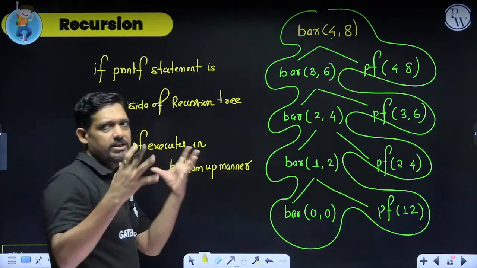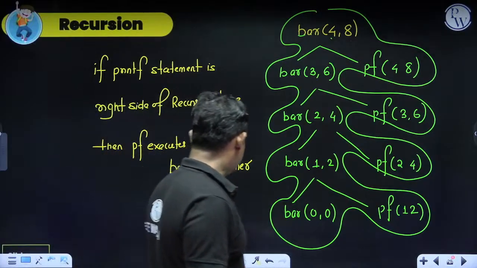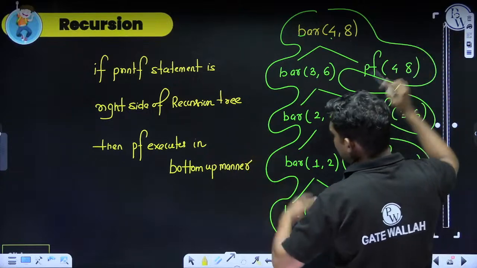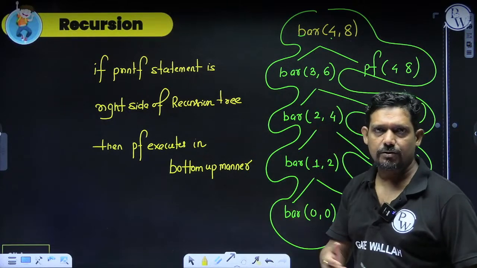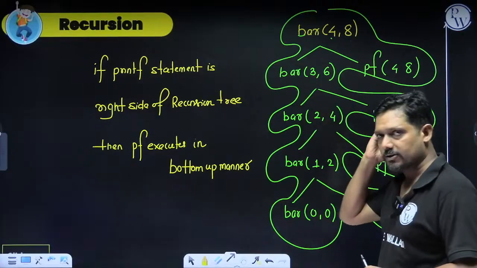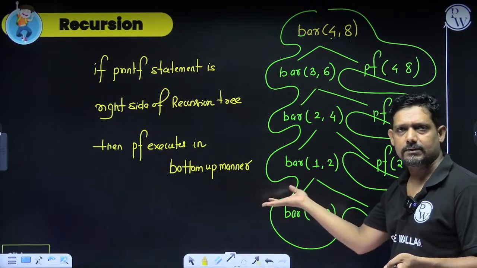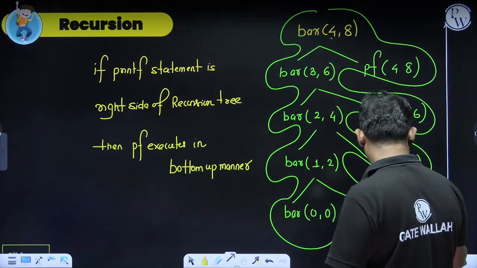So this is the shortcut. If there is a printf statement on the left side, execute them in a top down fashion, and if the printf statement is on the right side, then execute in the bottom up fashion. That is how this recursion works.